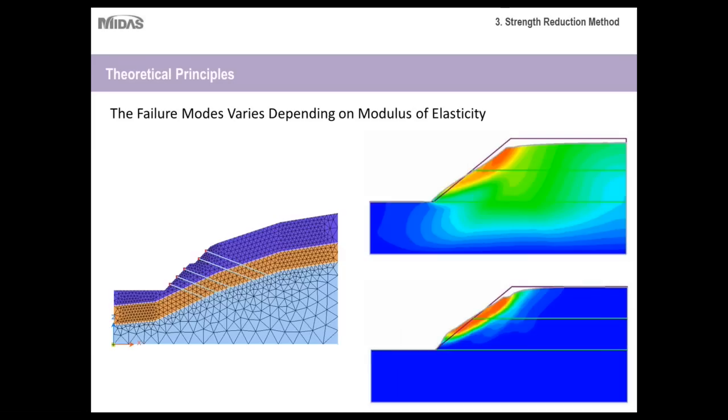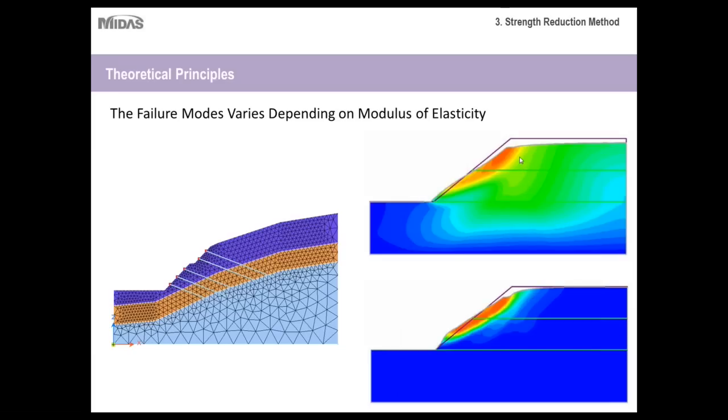Okay, so another thing to keep in mind is that the modulus of elasticity will greatly affect your failure mode. So as you can see, we have one slope here, and it's the same project, but the only thing that was changed was the modulus of elasticity. So as you can see, in this top slope here, the modulus of elasticity was set to a much lower value, and because of that, the slope deforms in a much different way than this bottom one here, where the modulus of elasticity is much higher.